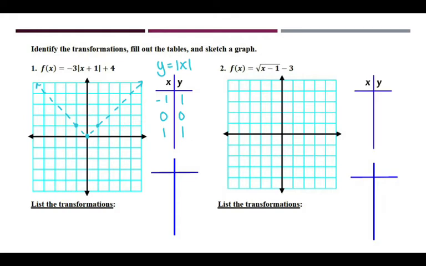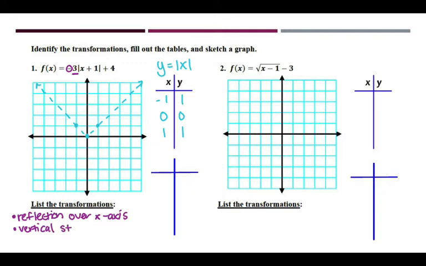I can see that I have a negative in the very front of my function. That is going to create a reflection over the x-axis. Any numbers that you have in front of your function, regardless of the negative, so this 3, is going to create a vertical stretch or compression.